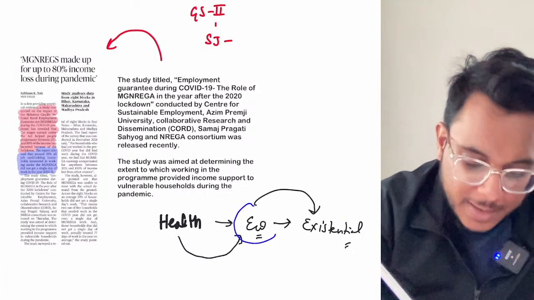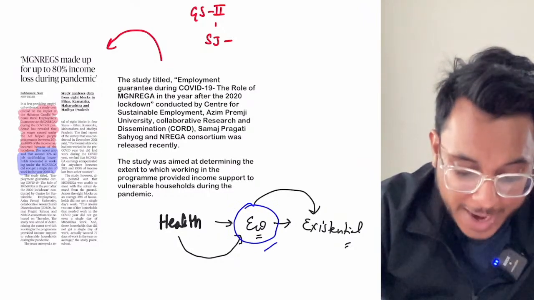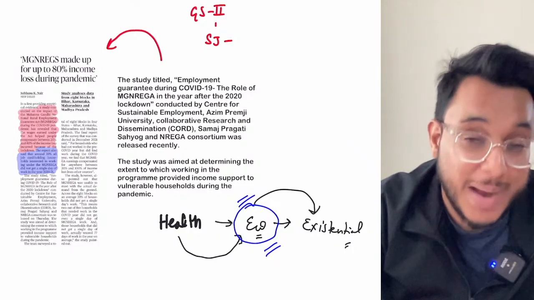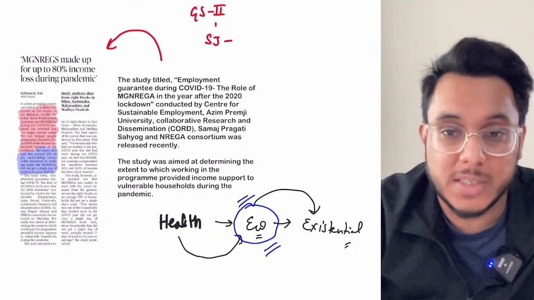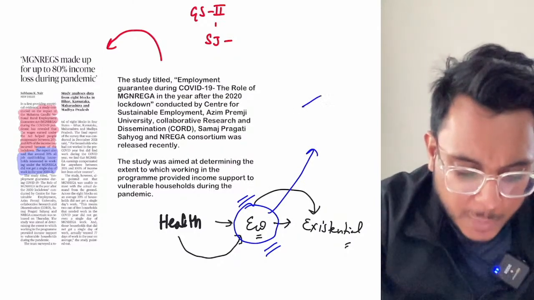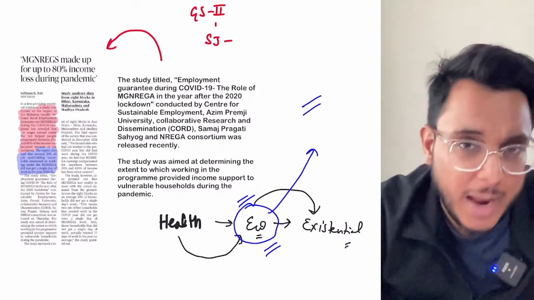Now you see, when the first lockdown was announced, the people working in the informal sector, people working as migrant workers in the big urban cities, knew that they would not be having any social support, they would not be having state support.